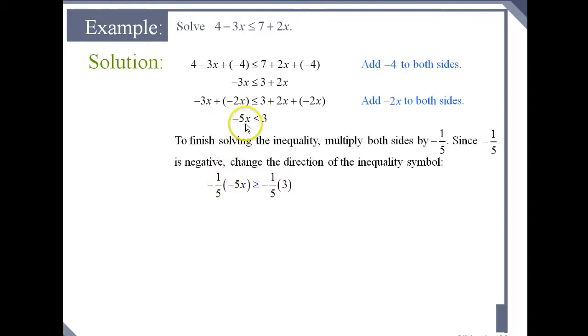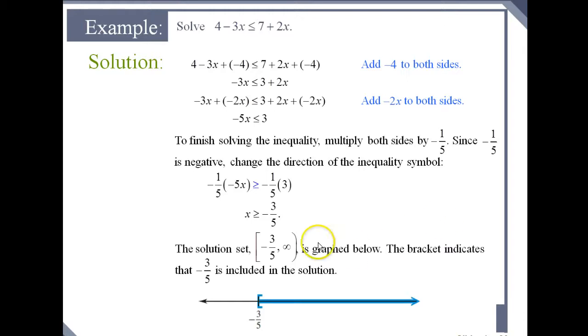So when they divided, or in this case multiplied by a negative 1/5, they had to reverse the inequality sign to get the answer. And there's their answer. Again, there's more than one way to do it. I like to keep the variable positive, but they wanted to feature the changing direction of the inequality sign. And there is the graph as well.